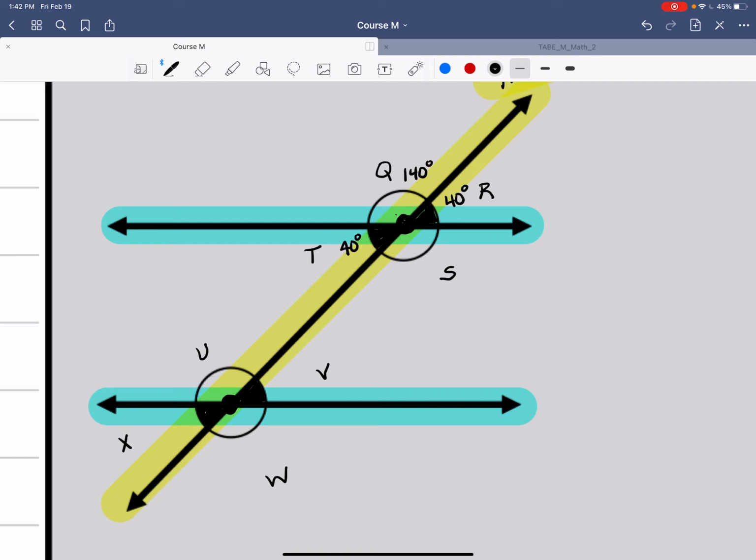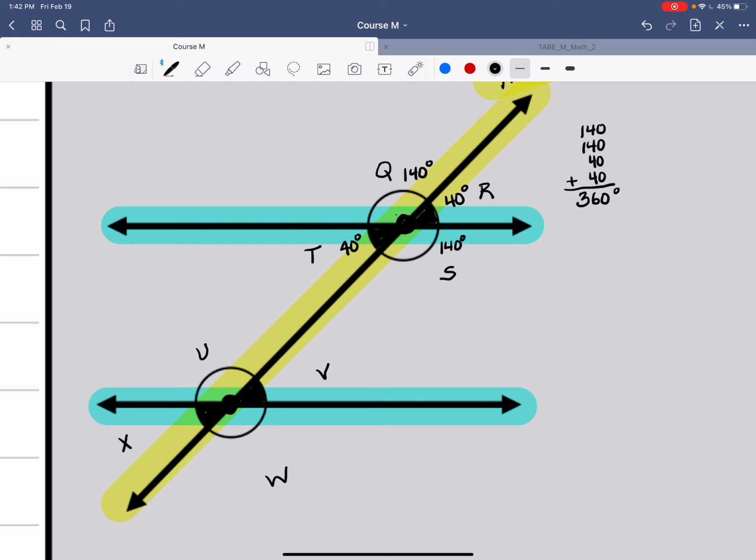It's in the same bow tie. S would be 140 because it's in the same bow tie. The two bow ties together make 160 degrees. And let's just check that. I've got the white bow tie, and then I have the black bow tie. And that adds up to 360, a complete circle.